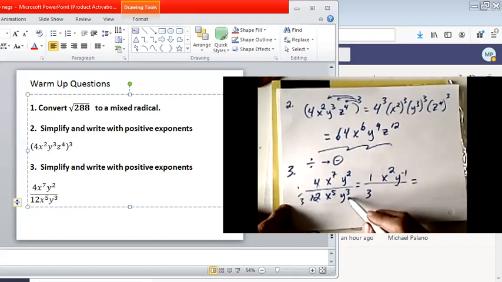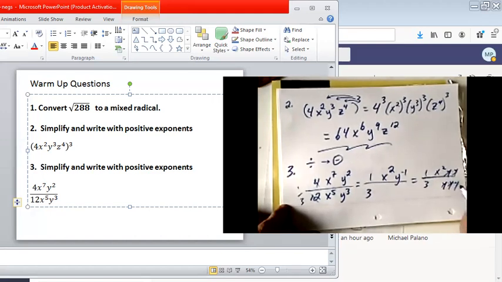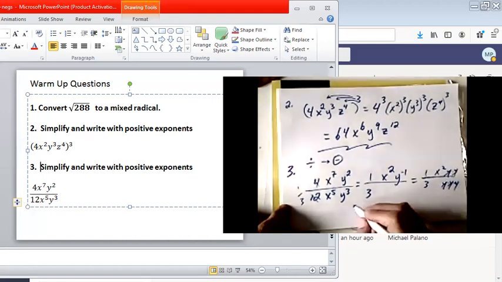This means there are 3 y's multiplied together. So you could have it like 2 y's over 3 y's like that. So those will cancel out. Those will divide out. And then you're left with a y that's on the bottom.